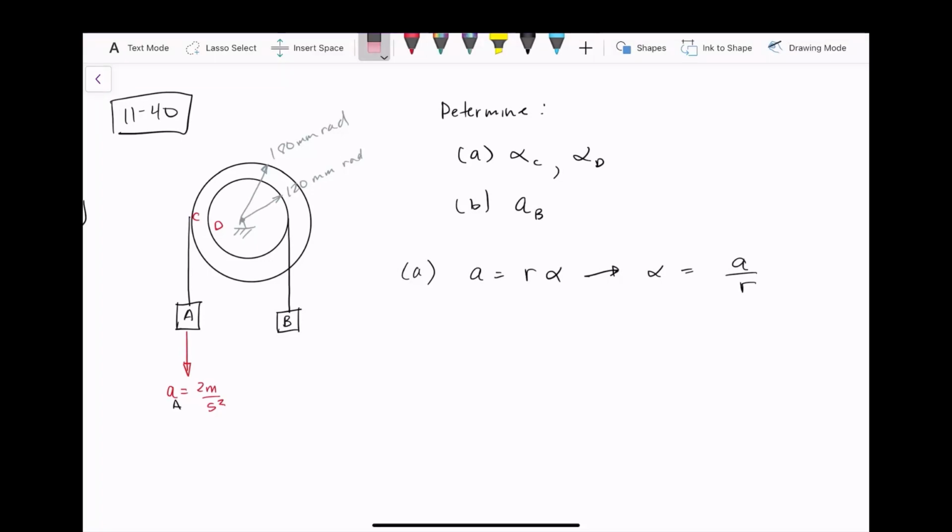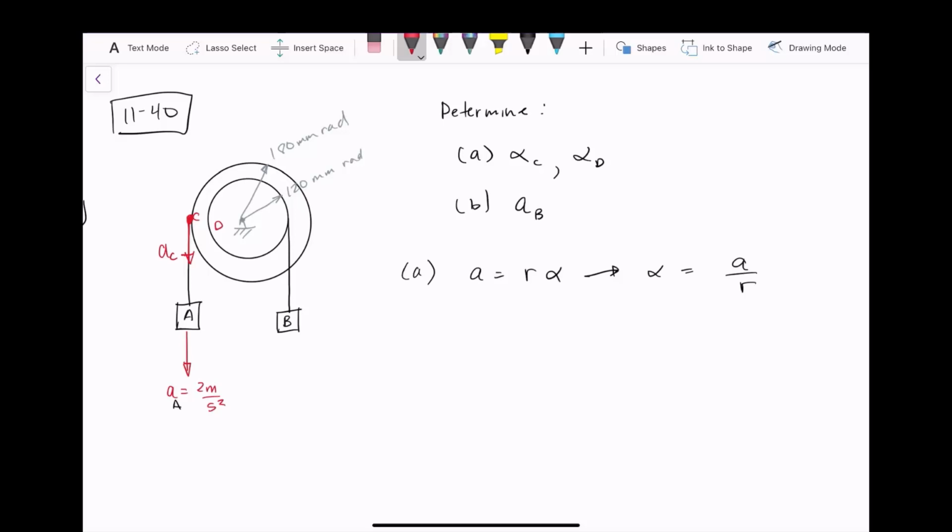Well, we are trying to find the angular acceleration of points C and D, but we're only given the linear acceleration of block A. However, since the pulley is connected physically by this rope, that means that acceleration at block A is equivalent to the point right at C. So that means that, if you were to redraw this, or add this to our figure, AA would be equivalent to an acceleration there at point C. Right?